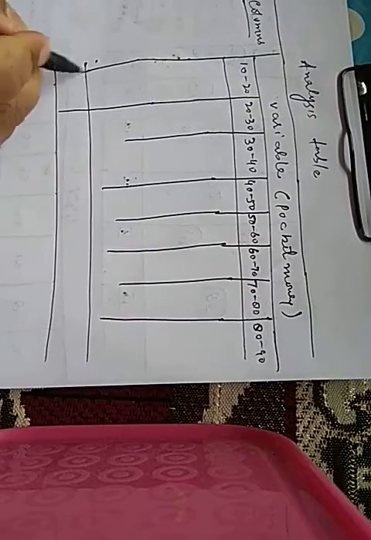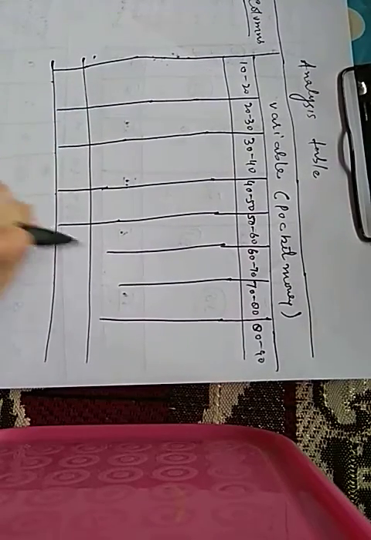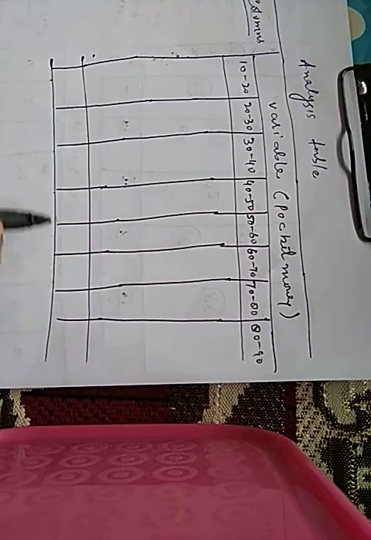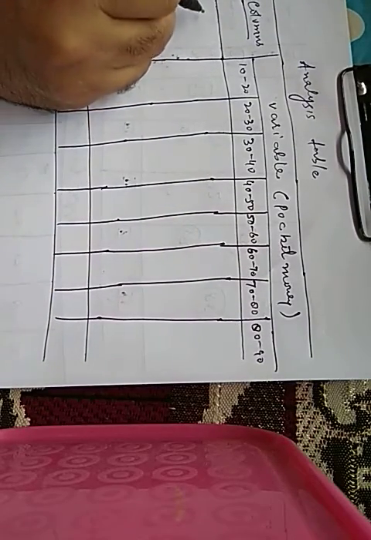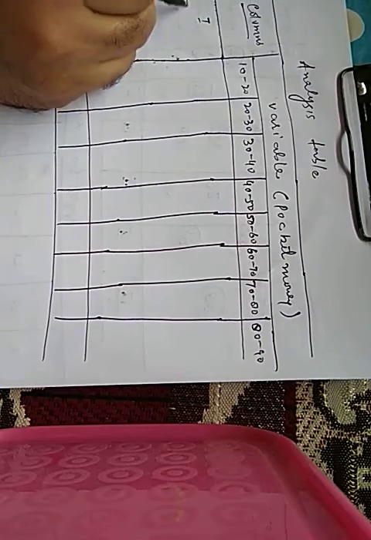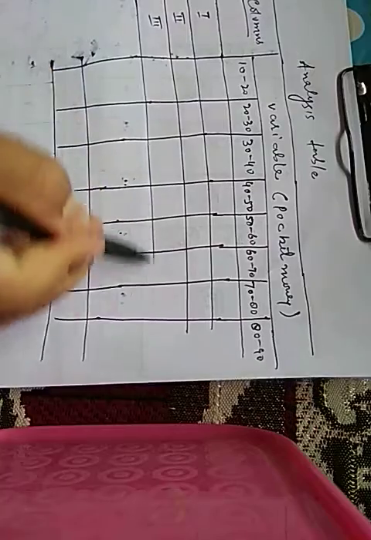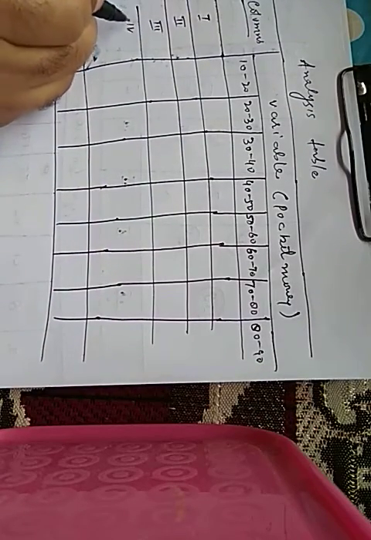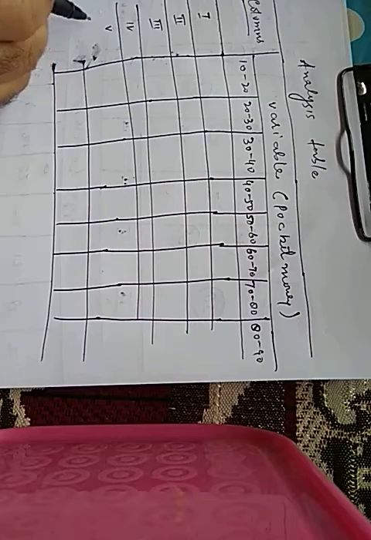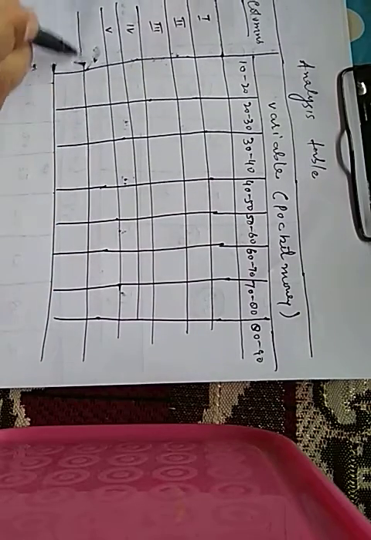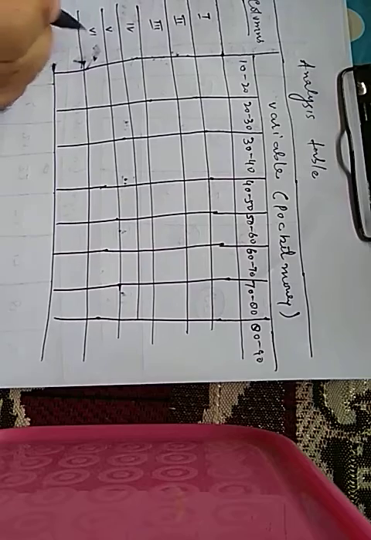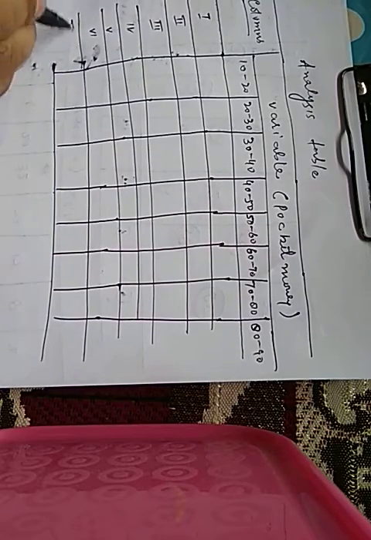And we have 6 columns based on the grouping table, and these columns are 1, 2, 3, 4, 5 and 6, the 6th column, and here the total.